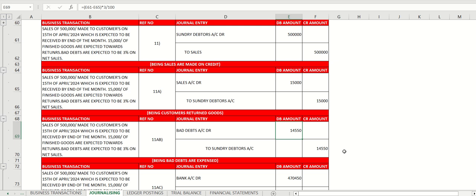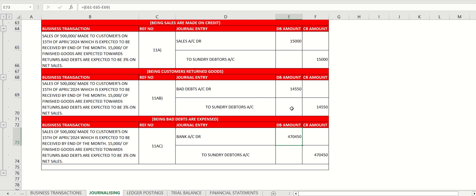We cannot directly adjust our sundry debtors. We need to create the provision, and as and when the actual bad debts arise, we need to adjust the provision. Then only will we directly adjust our sundry debtors. Now in this case, as the actual bad debts have arisen, we are directly adjusting our sundry debtors. Now what is the balance amount?